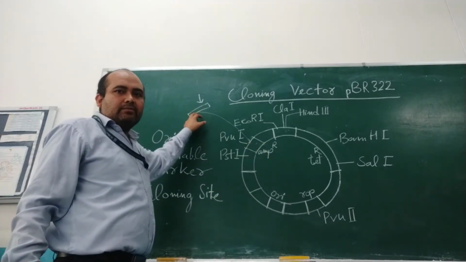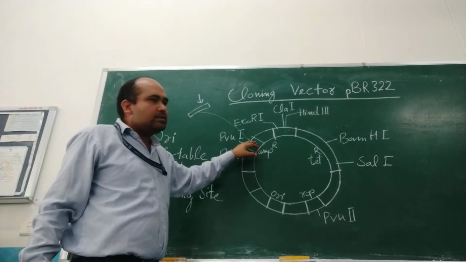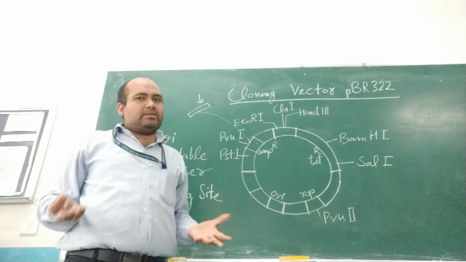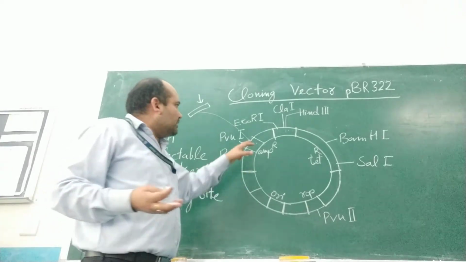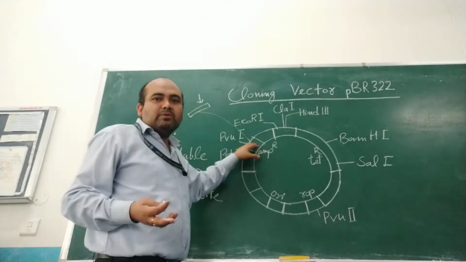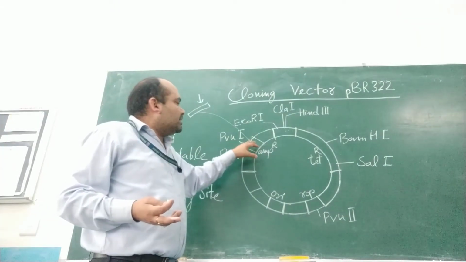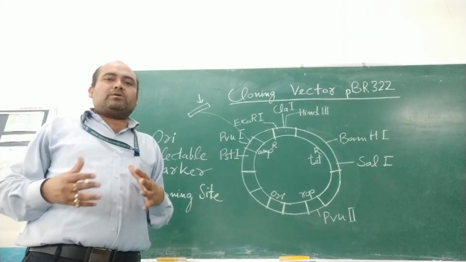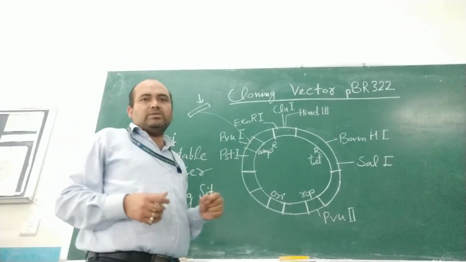This foreign or alien DNA is inserted into this plasmid, and this plasmid replicates itself and automatically it will replicate this desirable gene. By the replication of these desirable genes, you can form the product of your desirable genes.